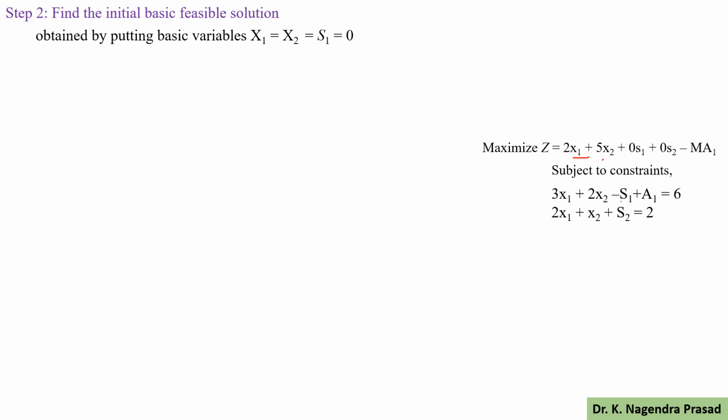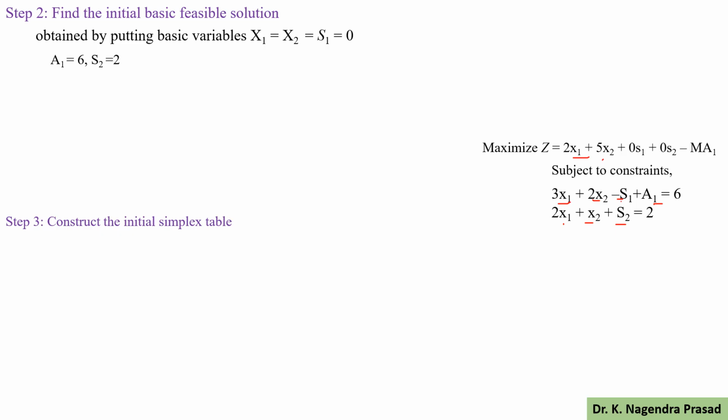Then we will get the artificial variable A1 and slack variable S2 values. So here, x1, x2 and S1 are 0, then A1 value is 6, and with x1, x2 equal to 0, S2 value is 2.